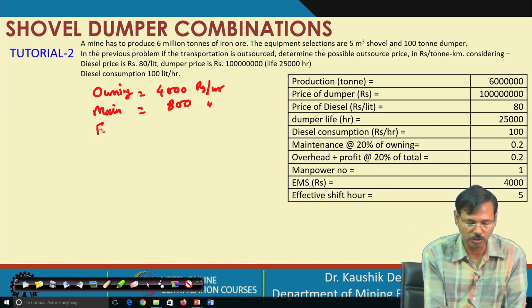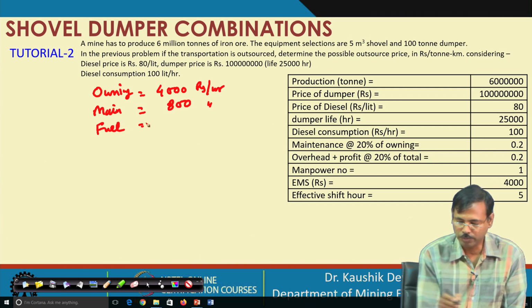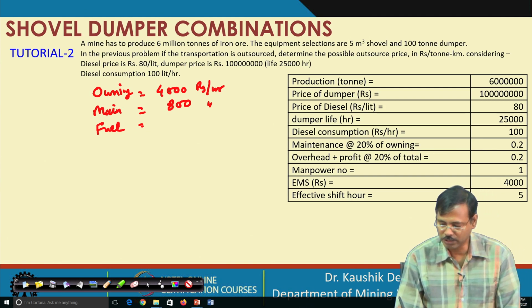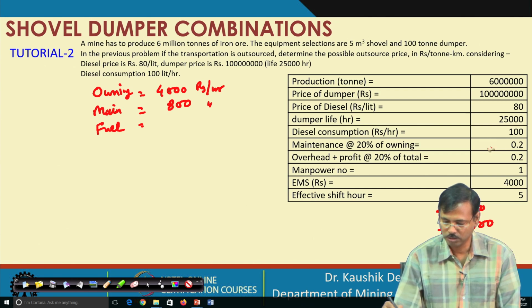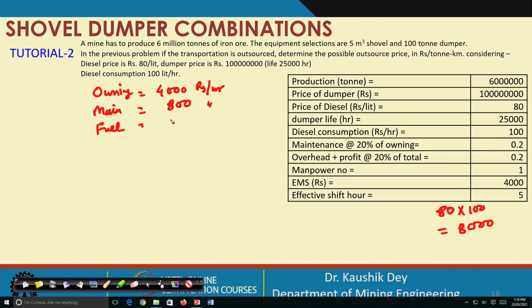For the fuel cost, the price of diesel is 80 rupees and consumption is 100 liter per hour. So, this is 8000 rupees per hour.